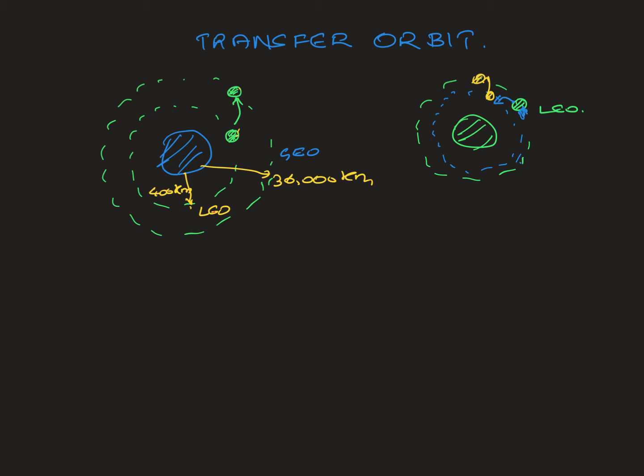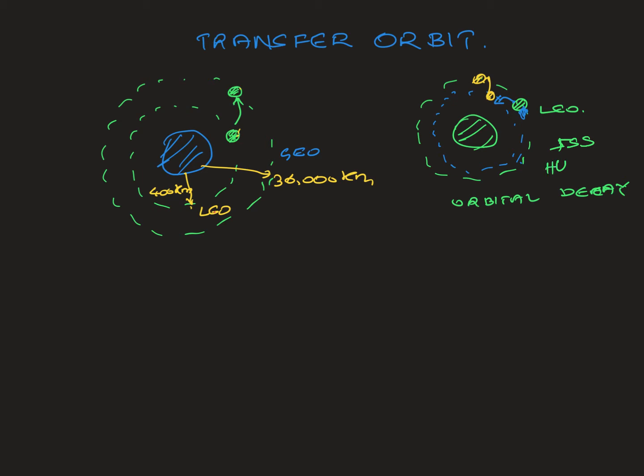Orbital decay happens due to atmospheric drag, and that's one of the reasons that the GEO satellite is much above the atmosphere.